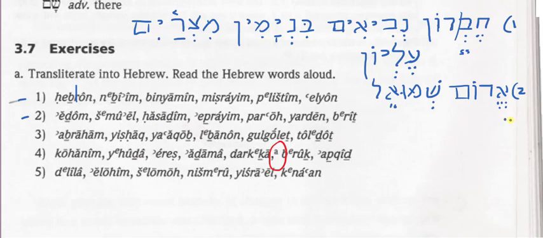We have a H with a dot, which is a chet. And look, I have an A with a little cup over it. That is a compound shava. Now it's an A with that, so I need the A vowel with the shava symbol next to it, and it's the katef pathak. Cha, S, which is just a plain old samech, and then an A with a line over it.